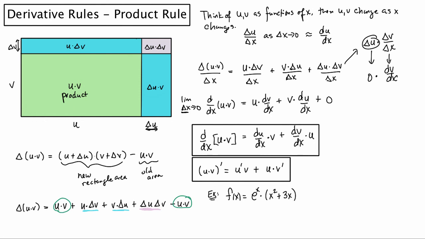Then for the purposes of this rule, I think of this as being my function u, and this as being my function v. And so the derivative states that I should write down u prime, so I should take the derivative of e to the x times v, plus I should take u, which is e to the x, times v prime, which is the derivative of v.